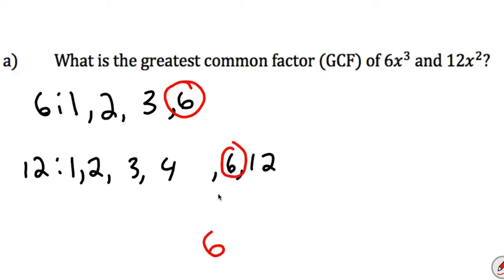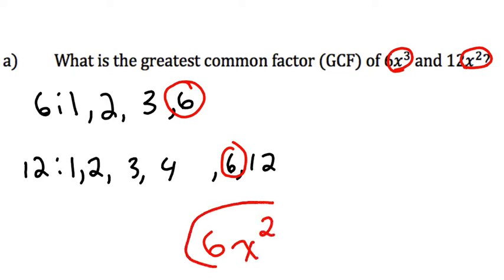Here maybe is the new part, I don't know if this is something you have seen before, but the new part for algebra is the variables. So we have an x to the third and an x squared. When you're doing GCFs, you look for the biggest number that goes into your numbers evenly, and then the smallest exponent. My smallest exponent here is 2, so x squared would be the GCF for the variable.